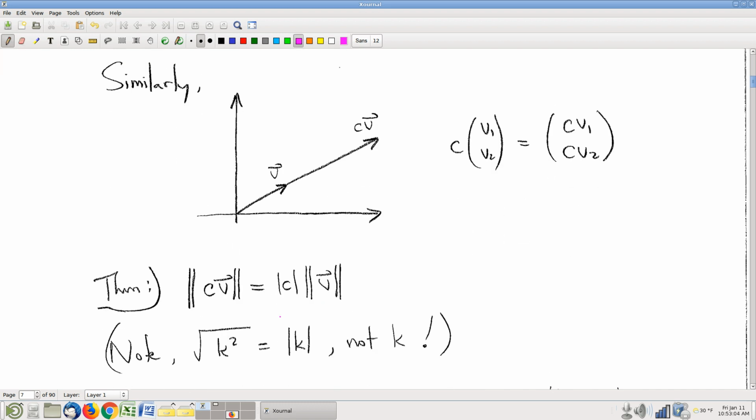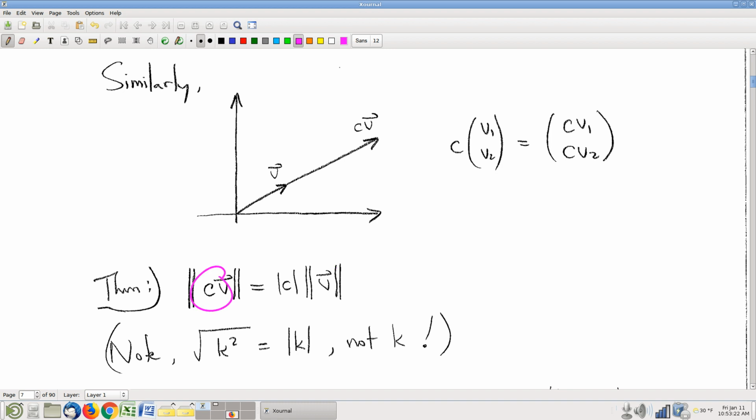Okay, here is a great little exercise. Try to prove this theorem: the magnitude of a scalar multiple of a vector is the absolute value of that scalar times the magnitude of the original vector. Now, in order to prove this, you need formulas for how to evaluate stuff.